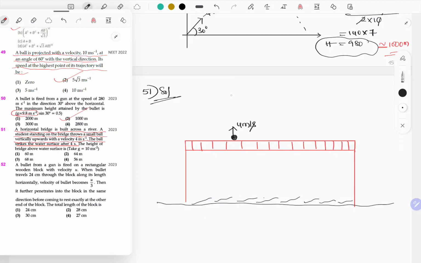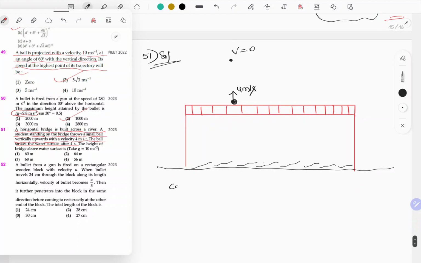First, this object reaches the maximum position. The final velocity when it reaches the maximum position is going to be 0. Let me find out the time after which it reaches the maximum position. This is case 1.